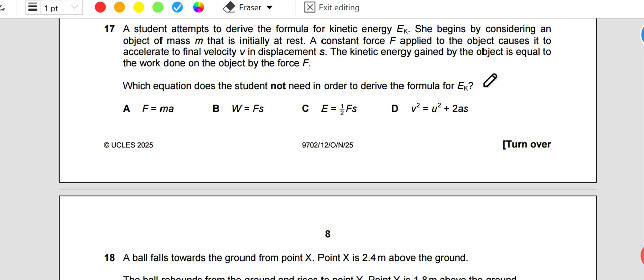So as the work, which is equal to the force times distance, is equal to kinetic energy, we can equate both these sides together, and we know that F equals ma, so we can say that kinetic energy equals m a s.